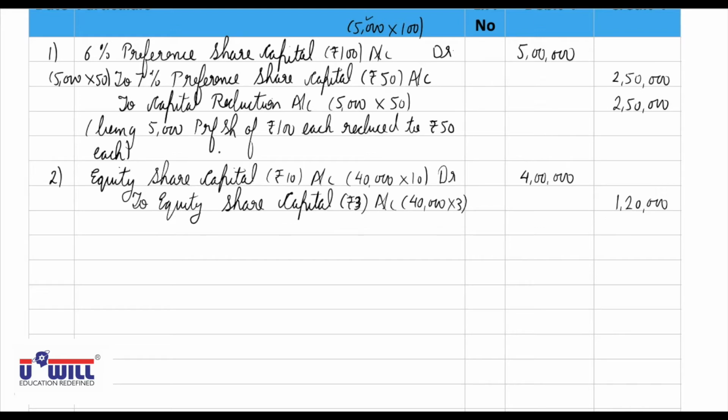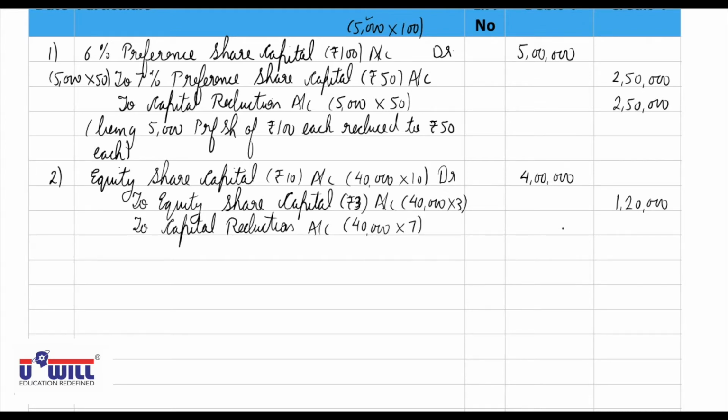And to capital reduction account, what they sacrifice will be transferred to capital reduction. 7 rupees is what they sacrifice. From 10 rupees they are reduced to 3.